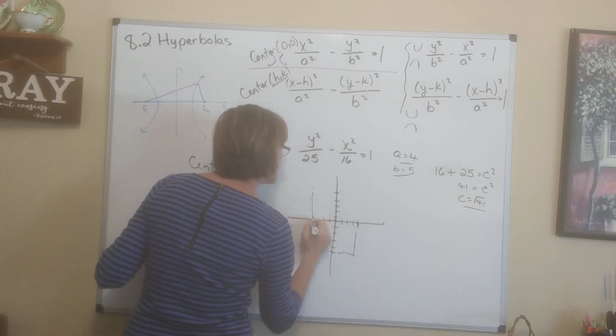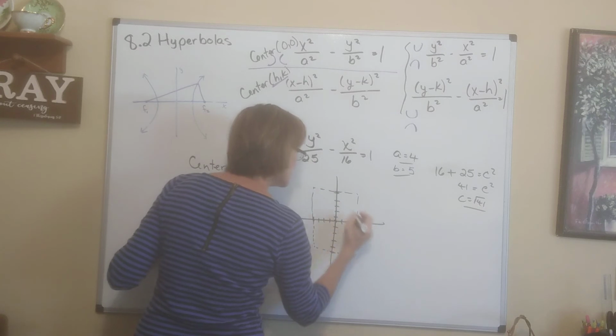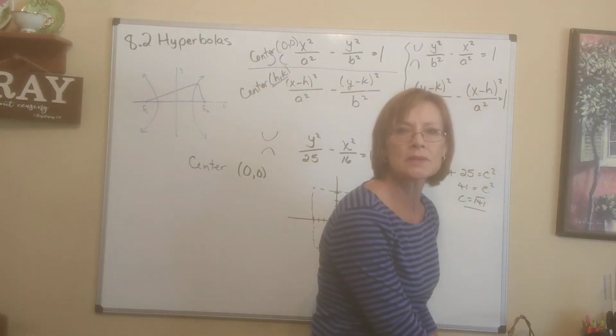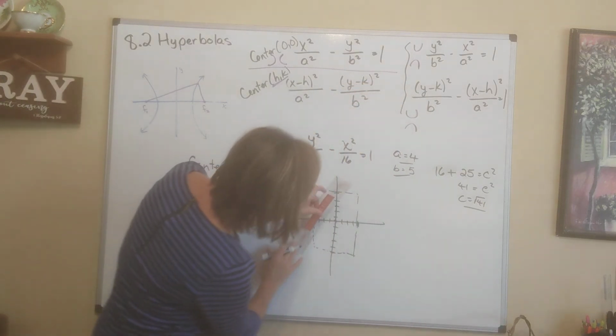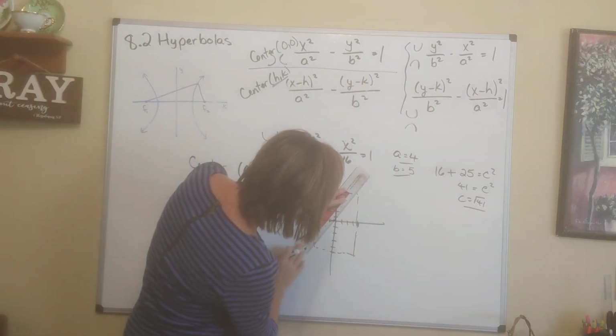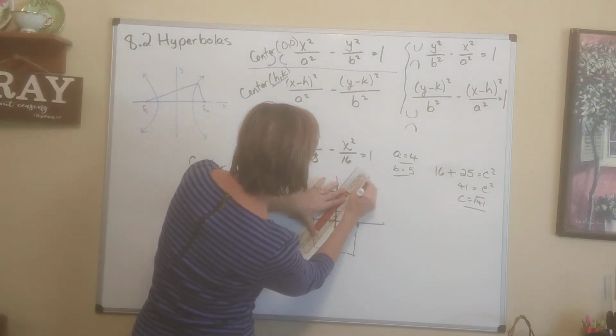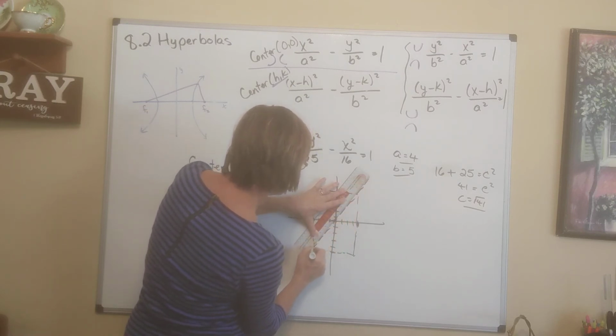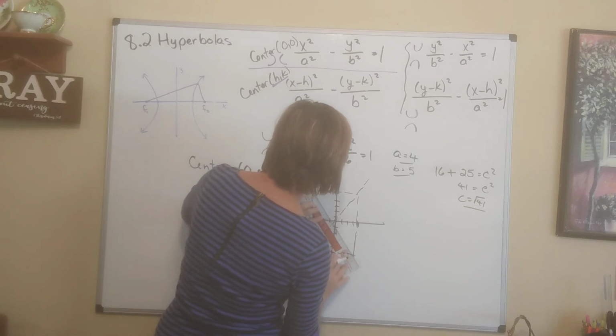Now you will notice that my graph is not perfect. It is simply a sketch, but I'm going to label all the important pieces, so that makes it okay. Here is my asymptote, which I'm going to put through the diagonal of my rectangle, and my other one.